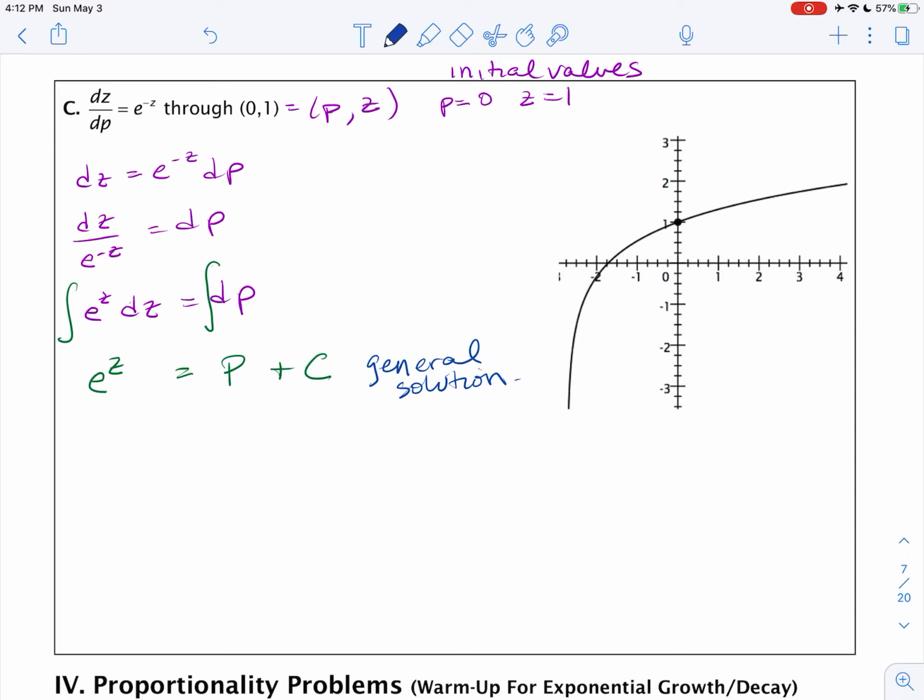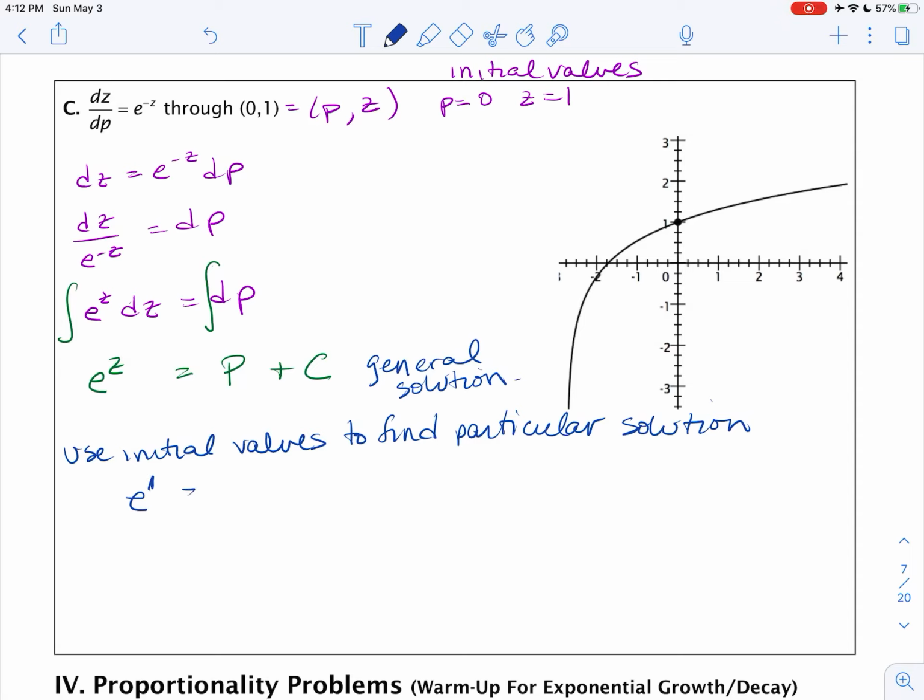And now I'm going to use my initial values to find the particular solution. Good. And so I'm going to plug in, e to the first power is going to equal 0 plus c.